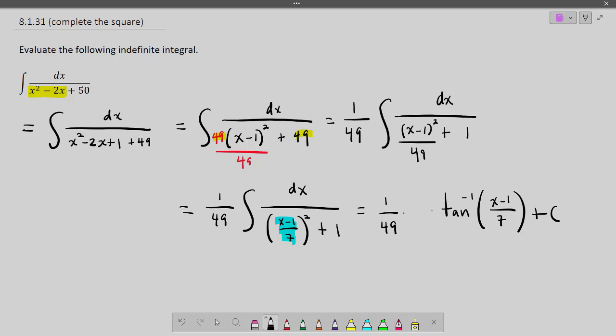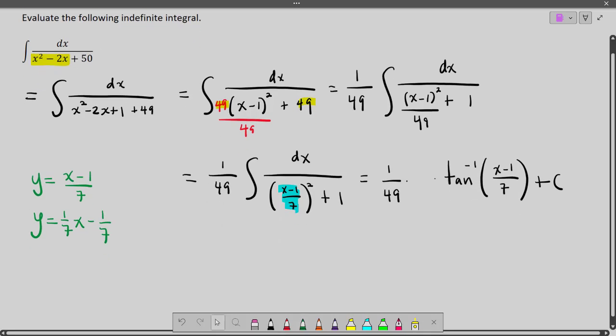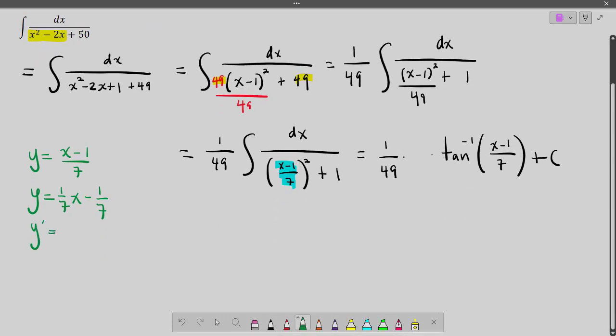What is the derivative of the quantity in blue? 1/7. Does everyone agree with that? If we have this function over here, x minus 1 over 7, you can imagine it in mx plus b form. And so that derivative is the coefficient of x, which is 1/7.